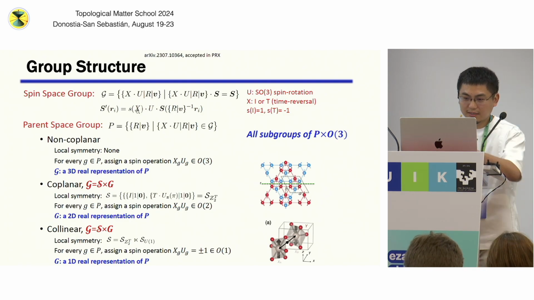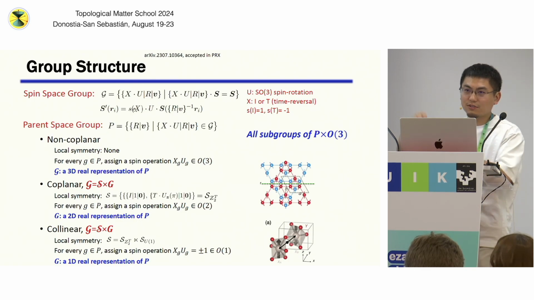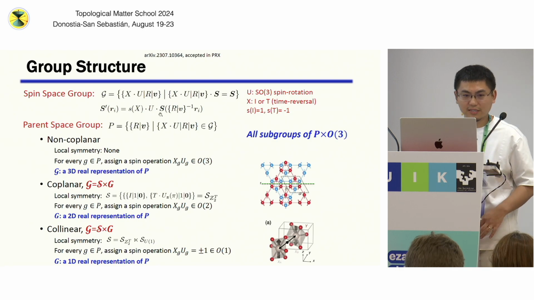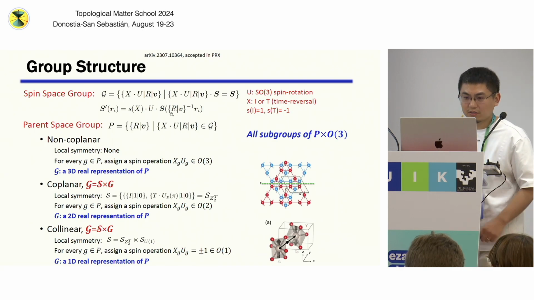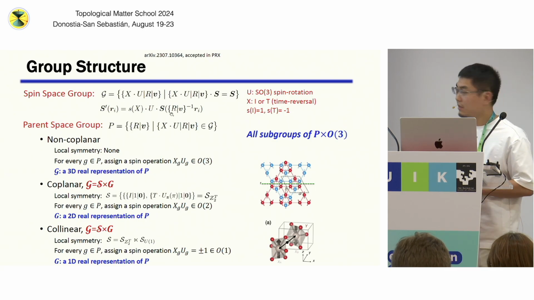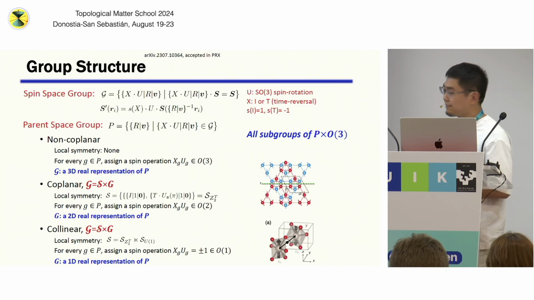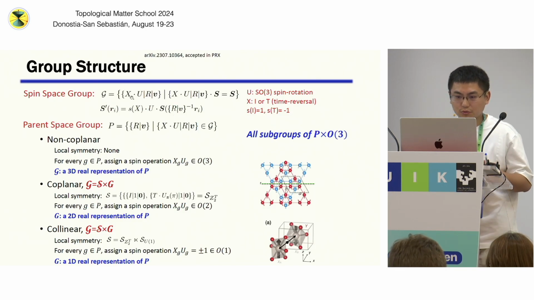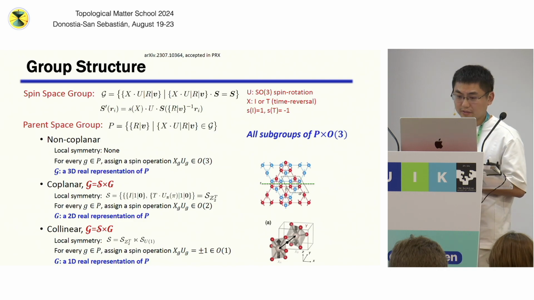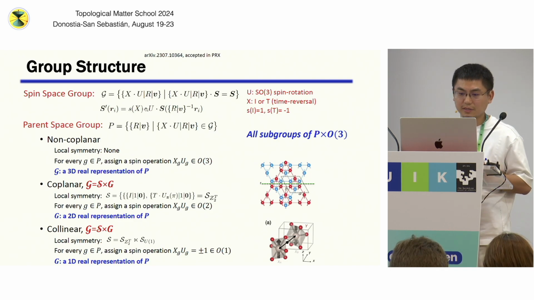So you can just omit this small s and treat χ_U as a 3x3 matrix. This is the definition of the operation of a spin space operator. And the spin space group is given by the collection where all the elements leave a given moment configuration invariant. This is the definition of a spin space group.